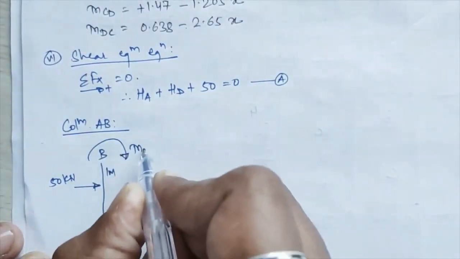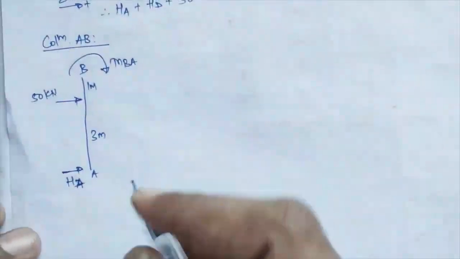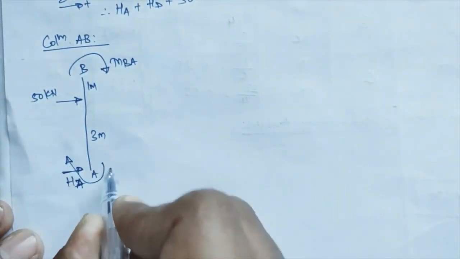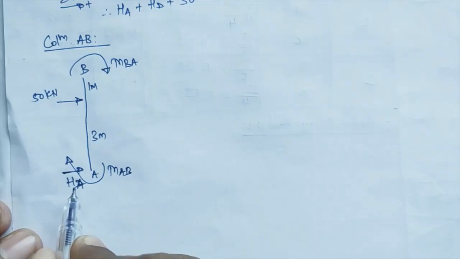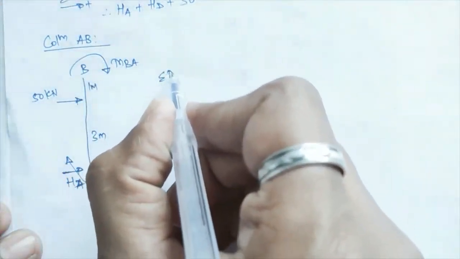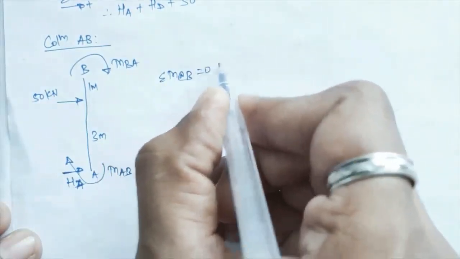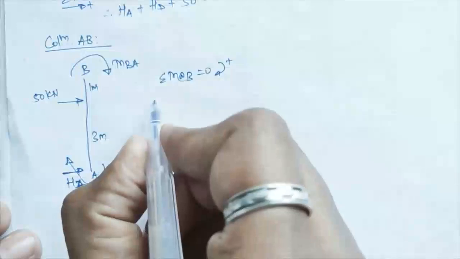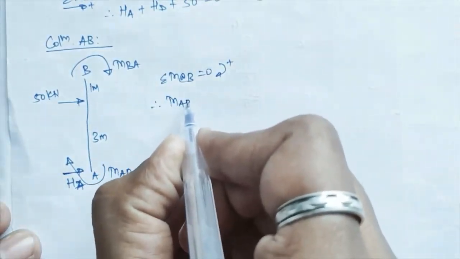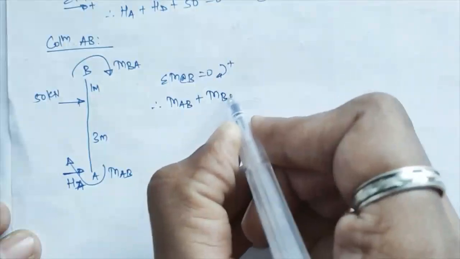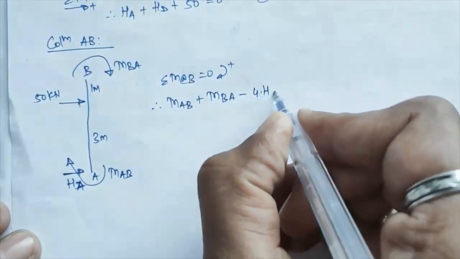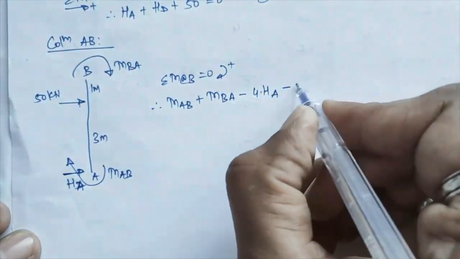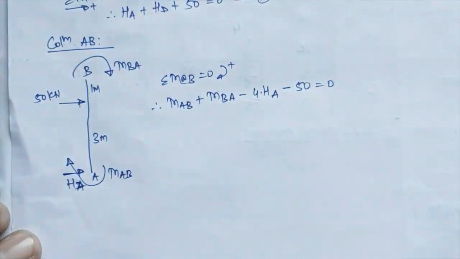and 3 meters from A. Initially I assume that the final moment at B is MBA and the final moment at A is MAB. I have to find the value of HA. Using summation of moment at B equal to 0, treating clockwise moments as positive, I get MAB plus MBA minus 4 times HA minus 50 equal to 0.